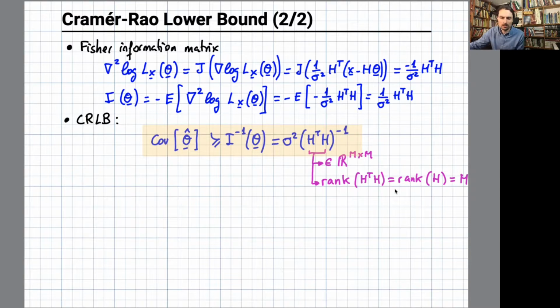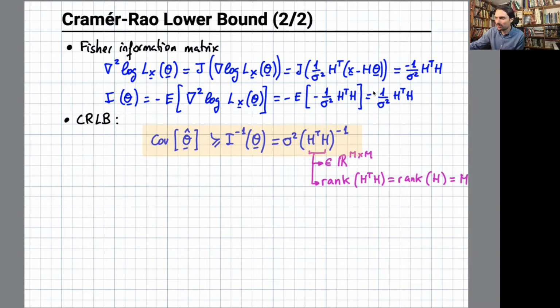So note just what happens when the parameters are not identifiable. Suppose that the parameters were not identifiable, right? So in that case, this rank is less than m, and this matrix is not invertible, right?